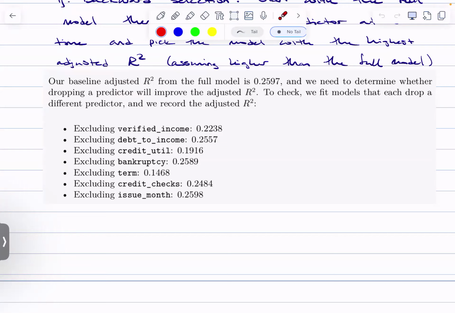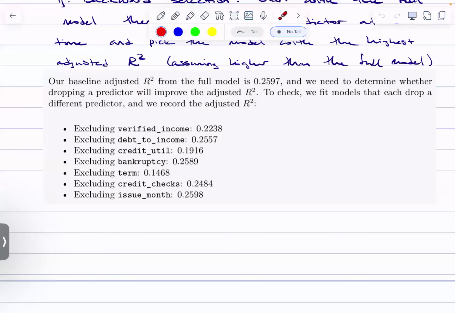Would you be removing it and then adding it back and removing a different one? Yeah, exactly. For this first layer, just one. So if you exclude the verified income, in the next model the verified income would be included, and the only thing excluded is the debt to income ratio.